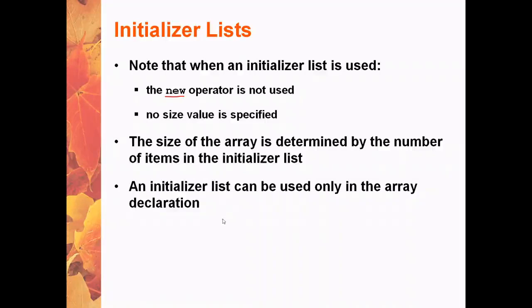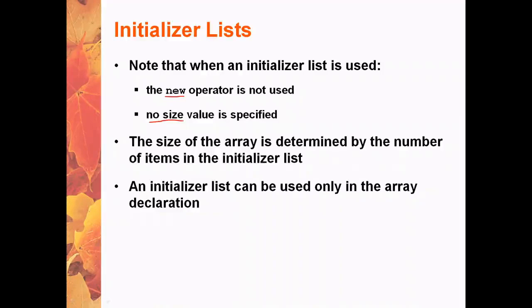The second thing is that size is not specified. When you use an initializer, no size value is specified. Size is automatically considered depending on the number of values which we are storing in the array.